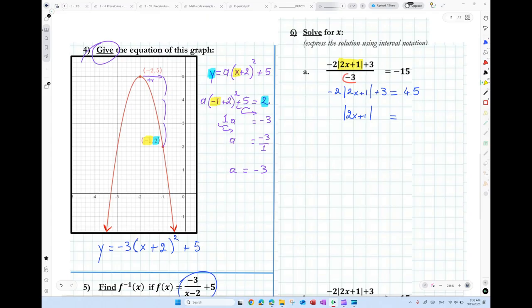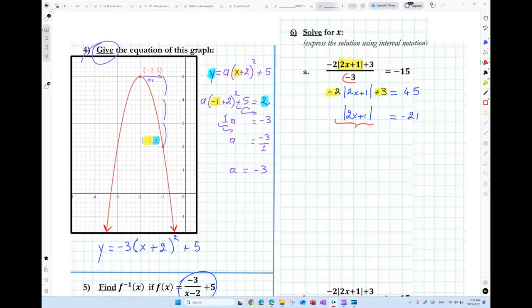I'm going to cross over +3, which is going to be -3, and then divided by -2. 45 minus 3 is 42. Divided by -2 is -21. Now the absolute value itself is isolated on one side of the equation.